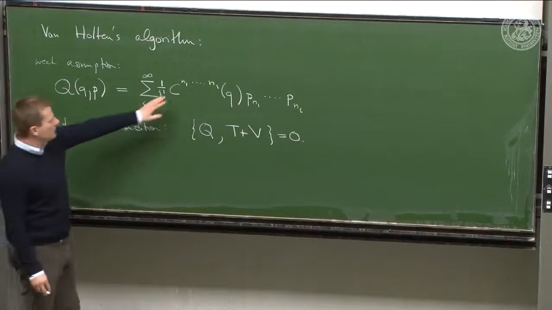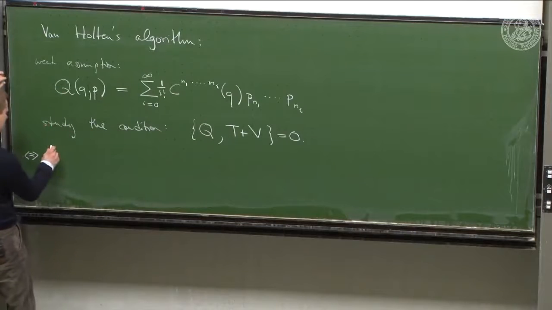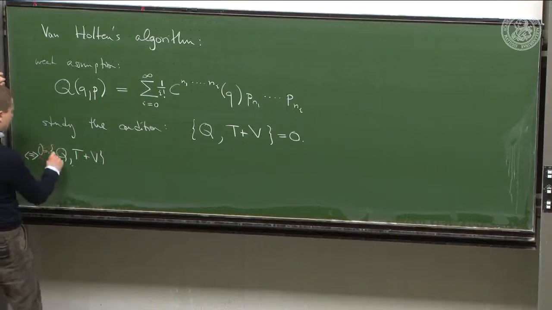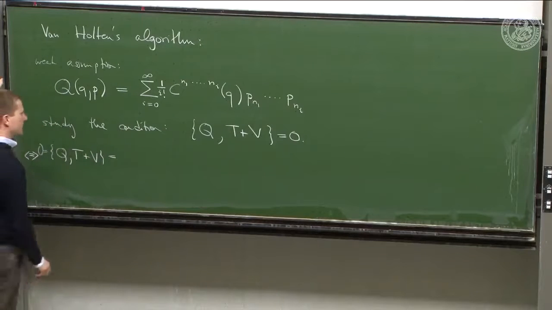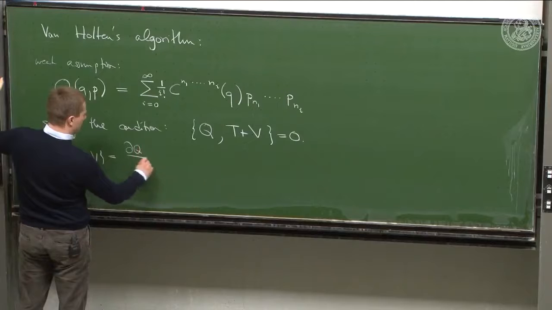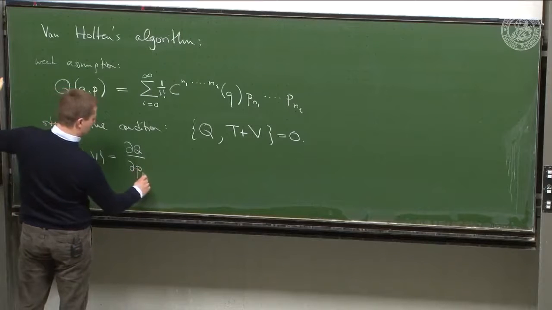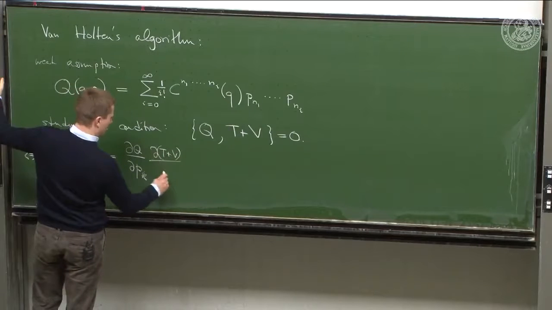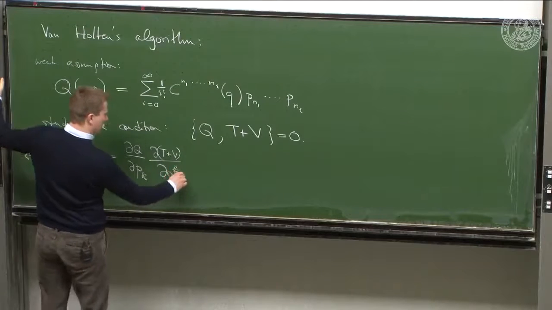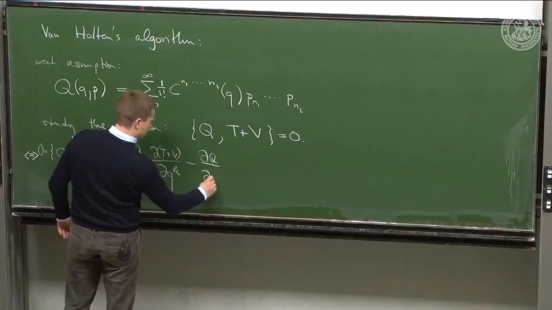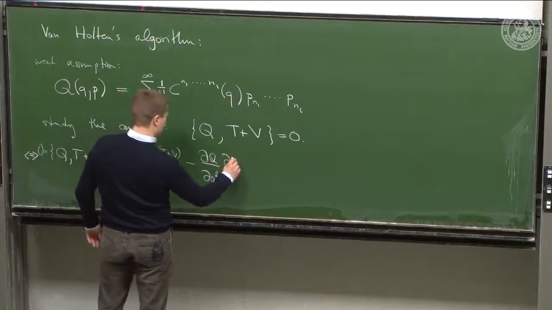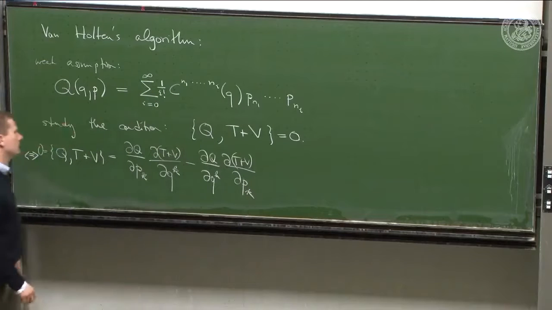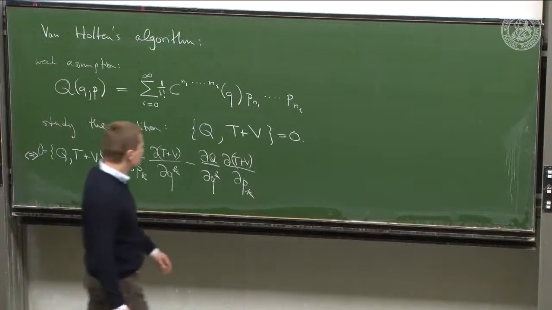Well, it means that the Poisson bracket of Q with T plus V is 0. And what is this Poisson bracket? It's dQ by dp_k, and now comes d(T plus V) by dq^k, minus dQ by dq^k times d(T plus V) by dp_k. Okay? So what is this?